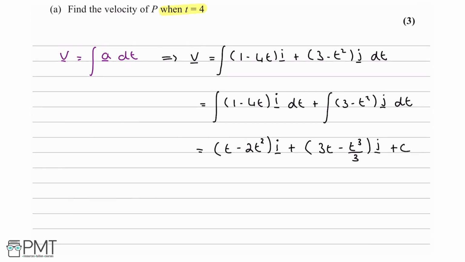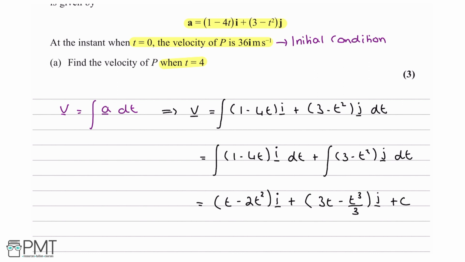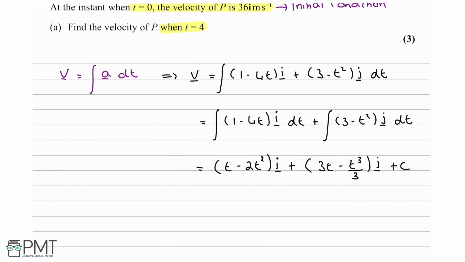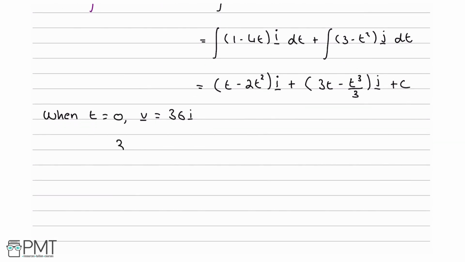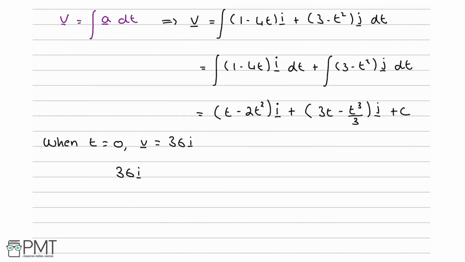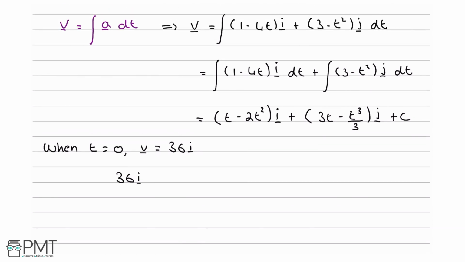So what we've been told is when t equals 0, the velocity of P is 36i. So when t equals 0, v equals 36i. What I've done is put in 36i for v here, and then plug in t equals 0 for each of our t's.